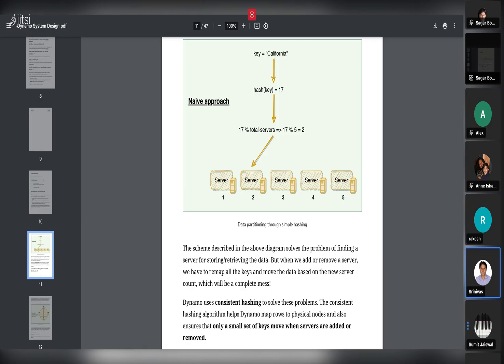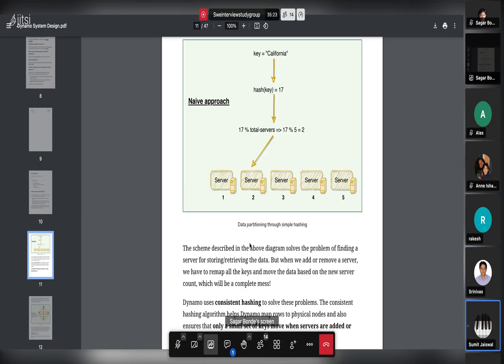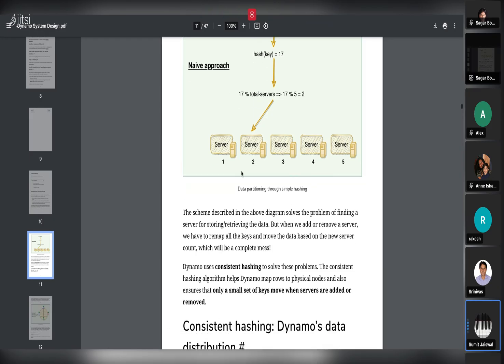Let's assume that in the consistent hash approach this is the hash function, hash of key, which is a modulo, and we bring in a new server which is 6.